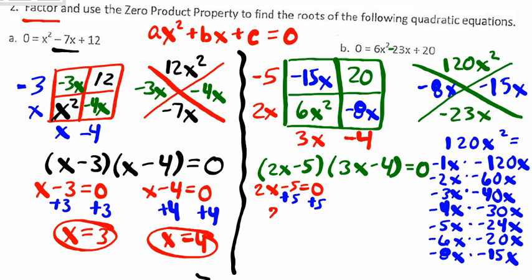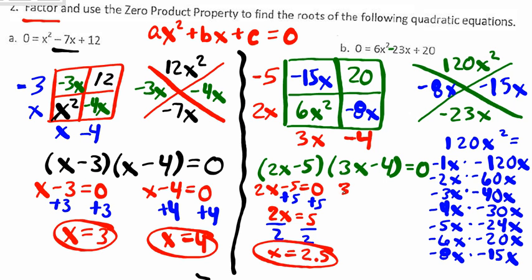So I have 2x equals 5. Divide both sides by 2. So x equals 5 divided by 2 is 2.5. So we got x is equal to 2.5.